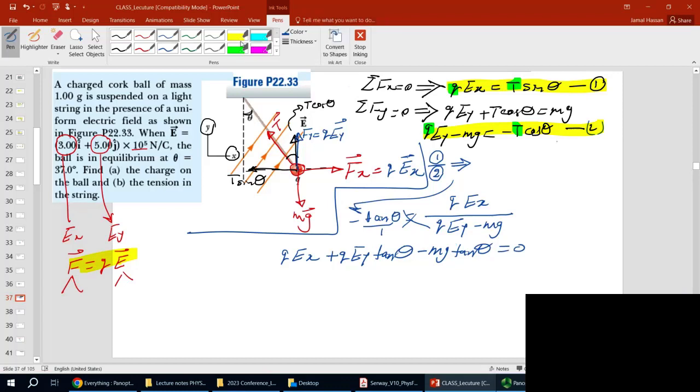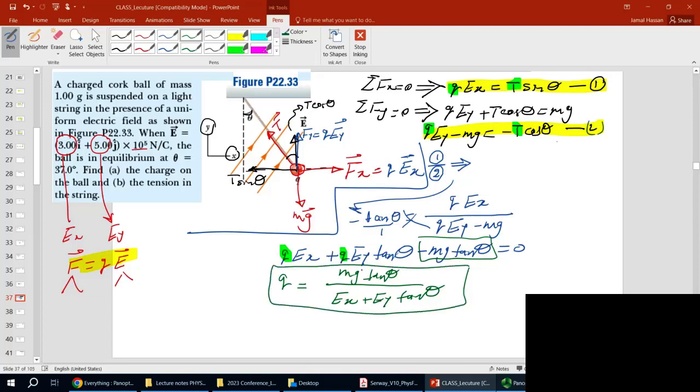It looks like I have a Q here and a Q here, so I can factorize this. The final answer for Q, moving this term to the right side, will be equal to mg tangent theta. And if I factorize Q in the first two terms, here would be Ex plus Ey tangent theta.